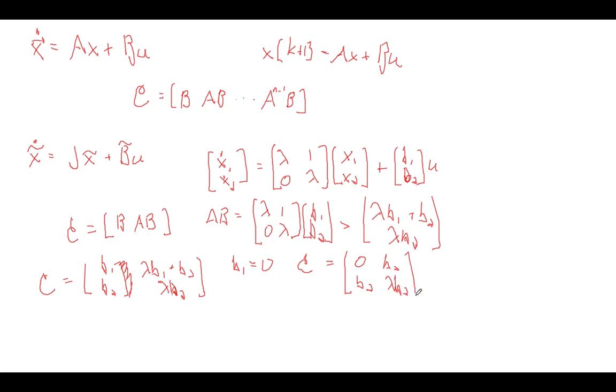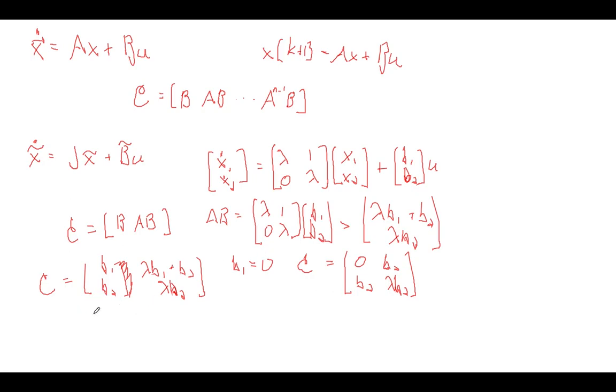And this has such a simple structure that you can see that this controllability matrix is full rank as long as B2 is anything but 0, because the first column and the second column will be different from each other, linearly independent of each other. So there's no problem with B1 being 0 in terms of my system's controllability. My system will be controllable even if B1 is 0.